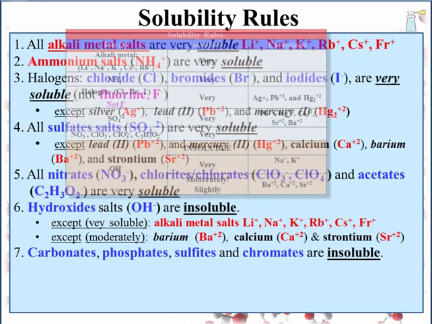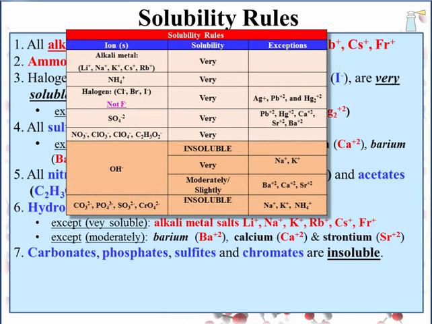The common -2 or -3 polyatomic anions, like carbonate, phosphate, sulfate, and chromate, are generally considered insoluble. -1 polyatomic ions are generally soluble, and larger -2 or -3 charged polyatomic ions are generally insoluble, except for salts with the alkali metal cations of Rule 1.